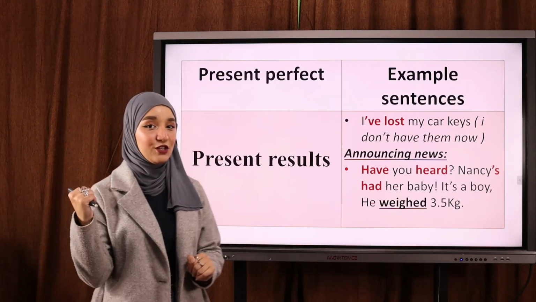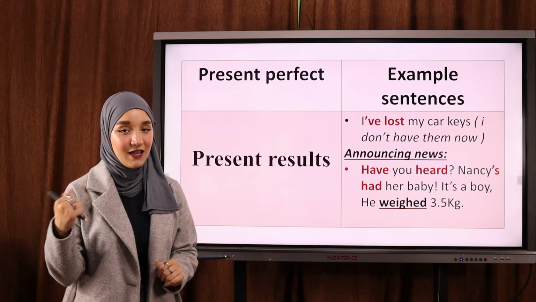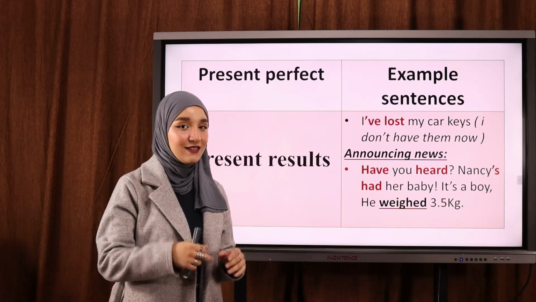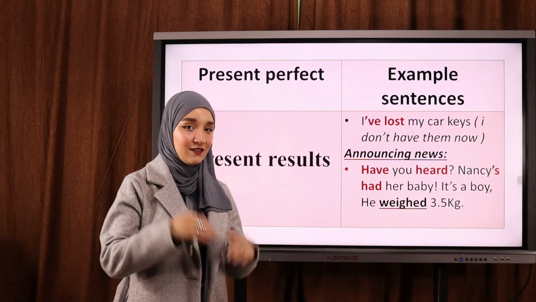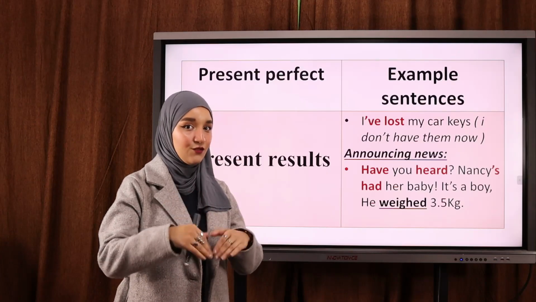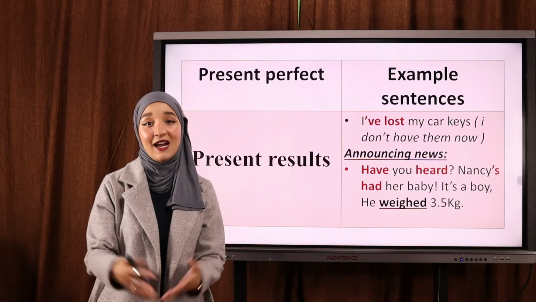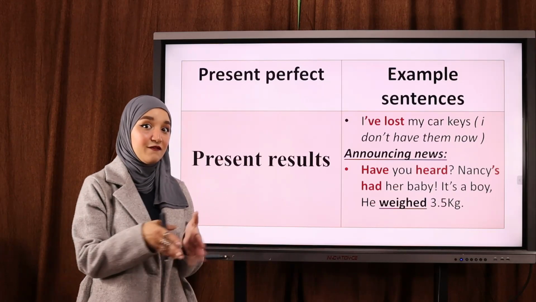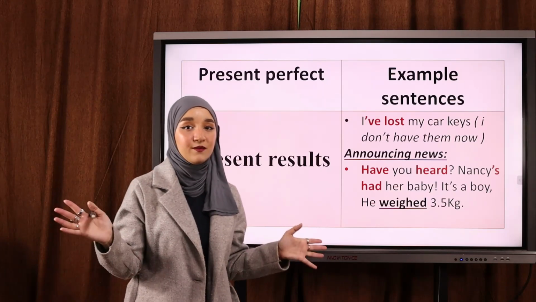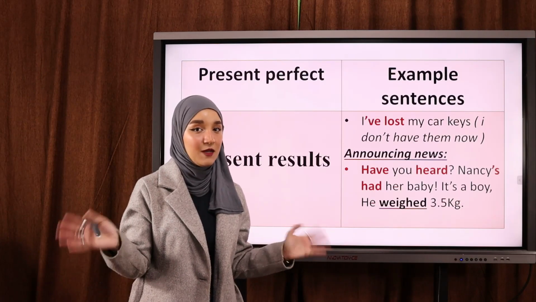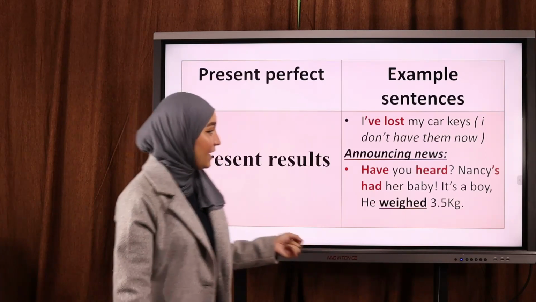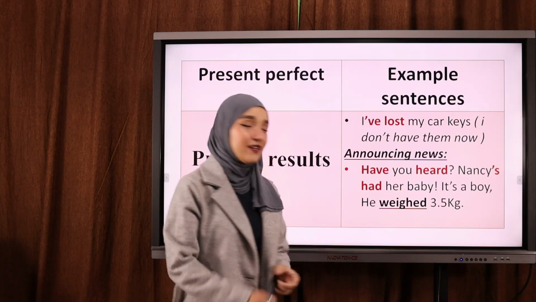Something that happens before, شيء حدث من قبل وتأثيره أو النتائج لا تزال تحدث في الحاضر. Okay? So I have lost my car keys. ضيعت المفاتيح. The effect, the result, I don't have them. I didn't find them. لم أجد المفاتيح.